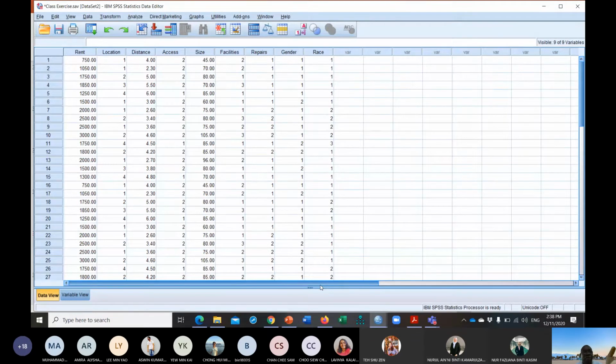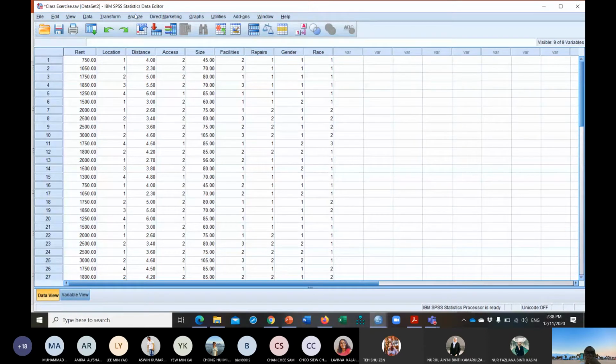So we can do correlation for all these items from rent to the race. When we get our correlation, we look at the correlation table one by one and see what the relationship is between one factor and the other.